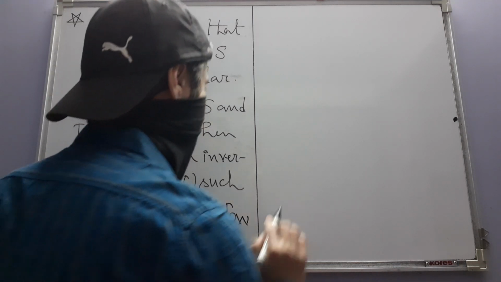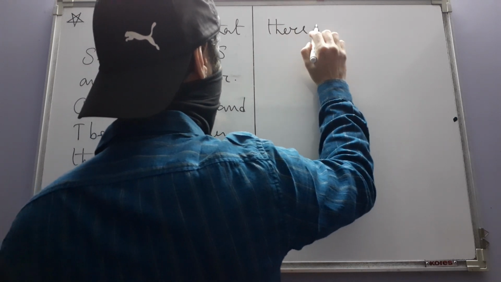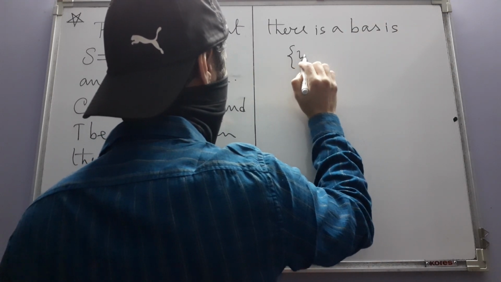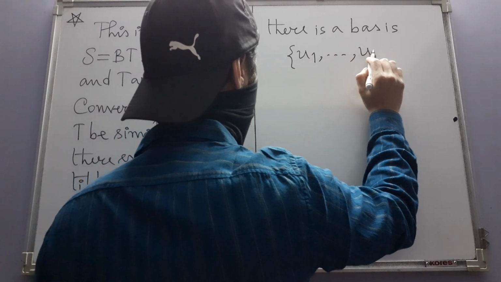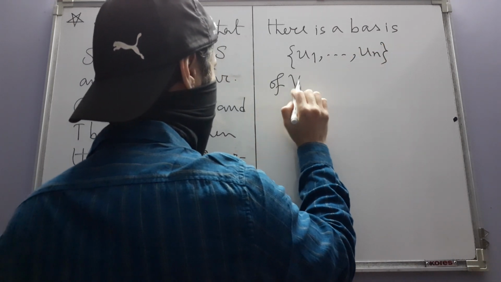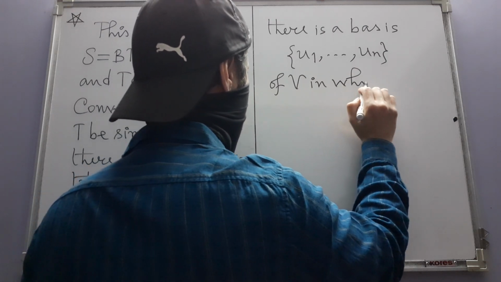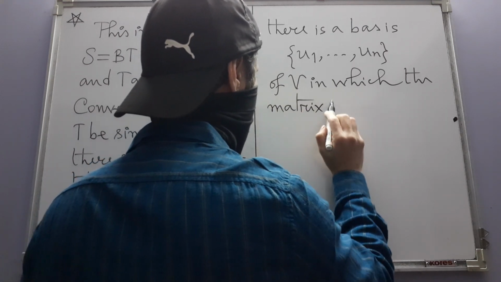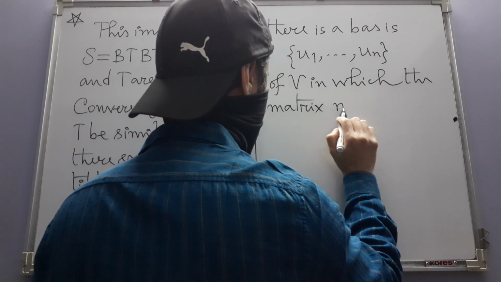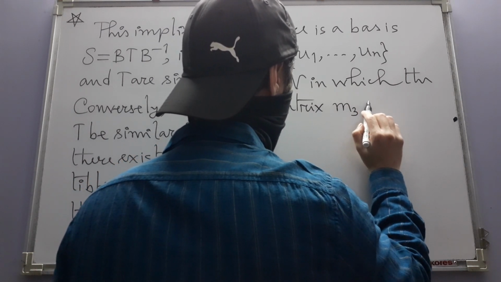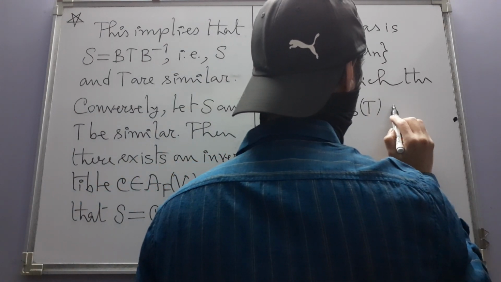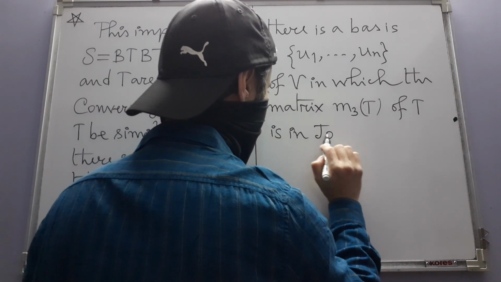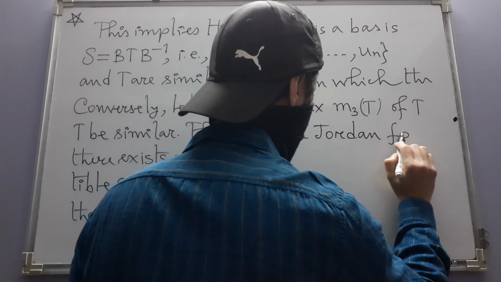Now, there is a basis, let me write the vectors as U1 up to Un of V, in which the matrix, let me write it as M3 of T, of the operator T is in Jordan form.